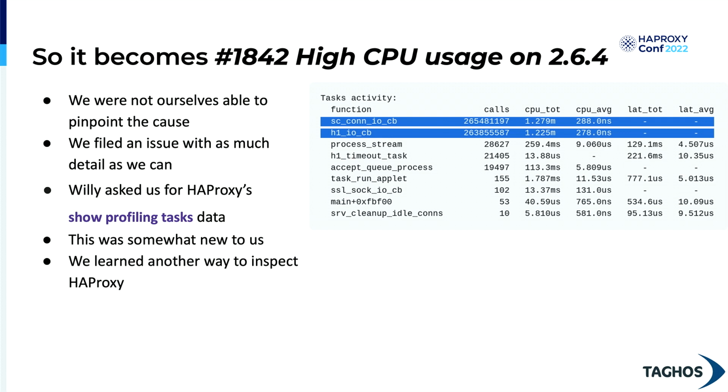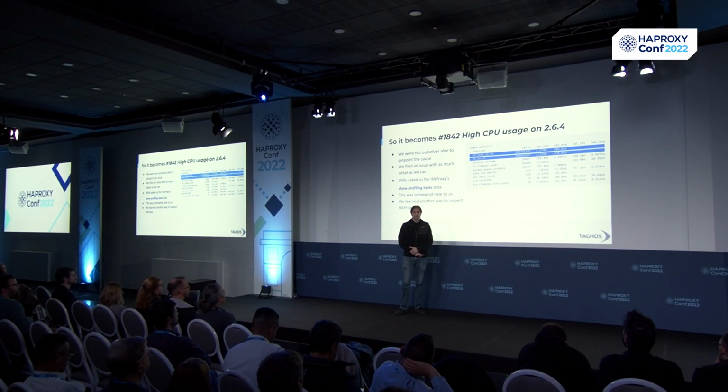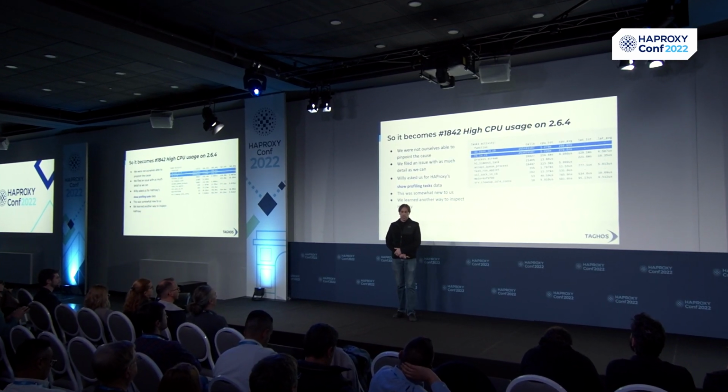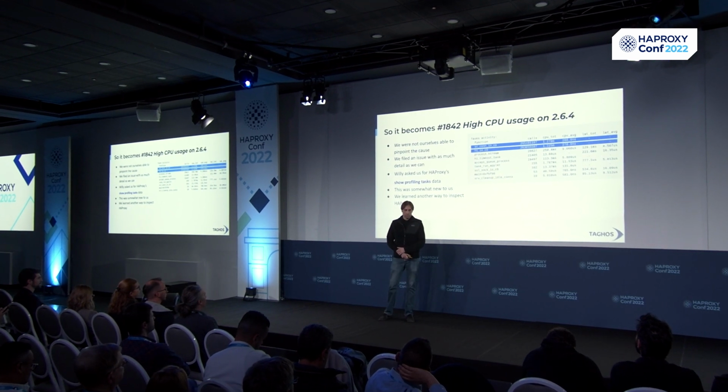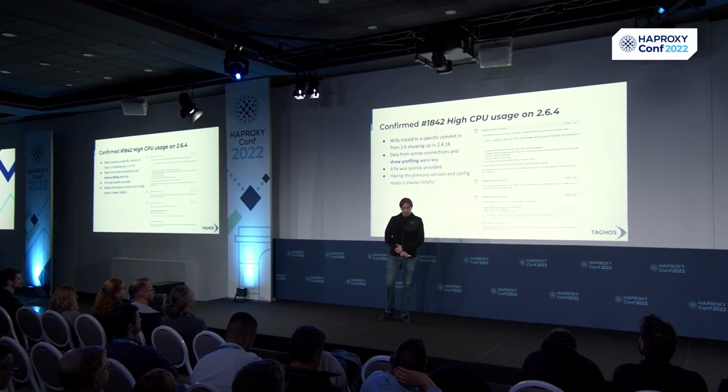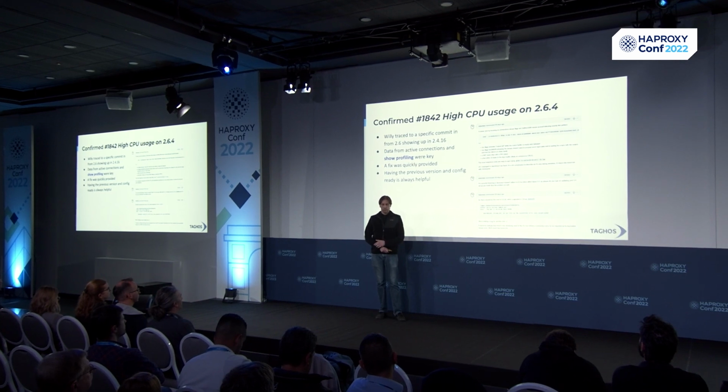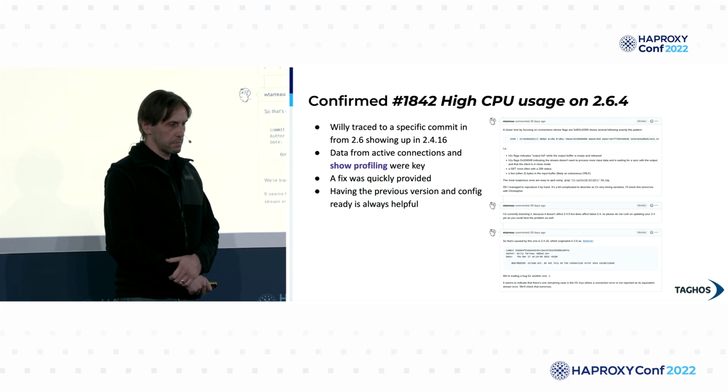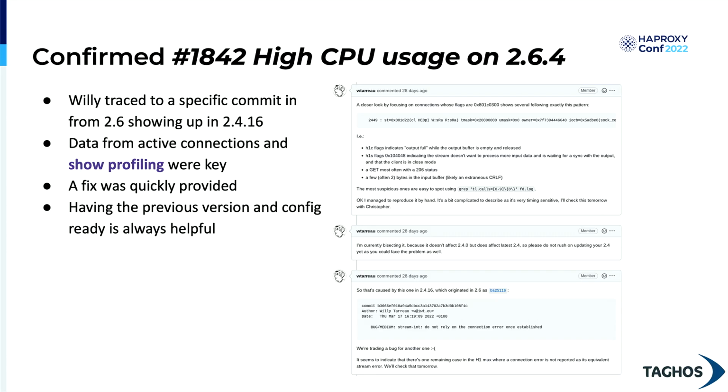So we collected data for Willy, and in fact, there were a couple of functions that were way too hot in HAProxy, so we informed him. And through discussions over the tickets, Willy was eventually able to bisect this problem to a specific commit that was on 2.6 and had landed on 2.4.16. 2.4.16 did not hit us because we were still on 15.